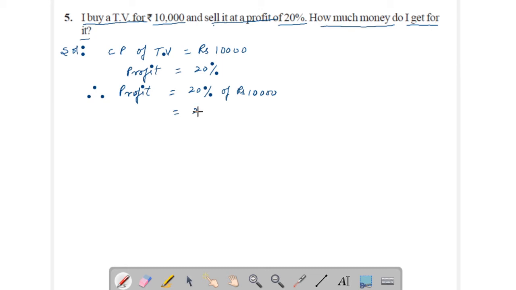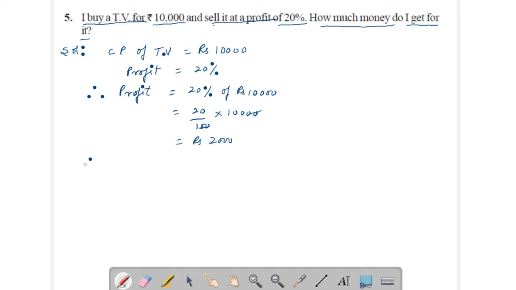We will get 20 upon 100 into 10,000. Solve this. 20 is cancelled by 20. It will be rupees 2,000.